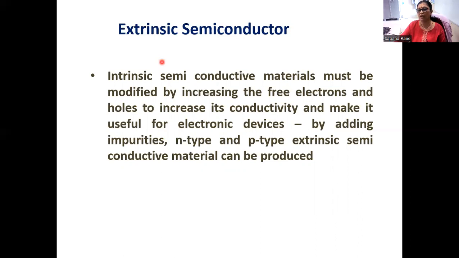When we add such an impurity, its electrical characteristics are modified and its conductivity can be increased. So by adding external impurity to the semiconductor, we can increase its conductivity. The process of adding impurity to the semiconductor is called doping.